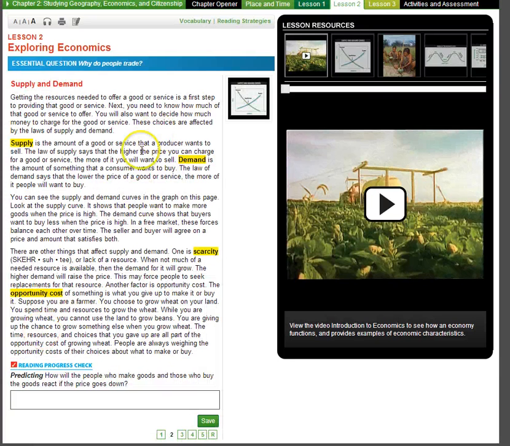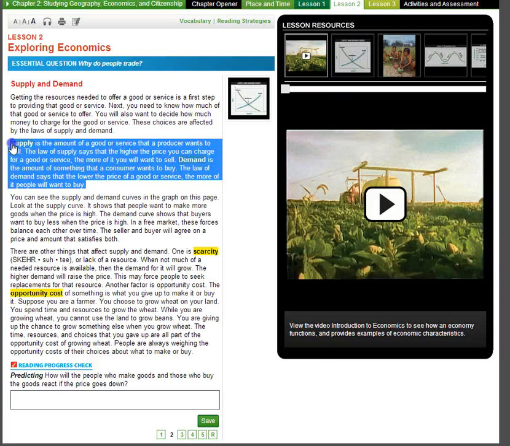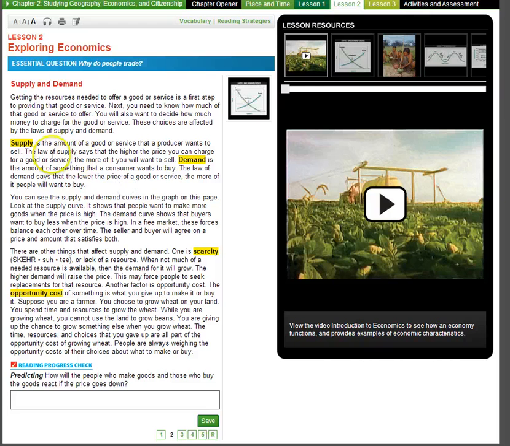Two things that we talked about with your app, and that was trying to measure how they would be impacted by supply and demand. Supply is the amount of a good or service that a producer wants to sell. So when you created your app, you decided on an amount that you would hope to sell.